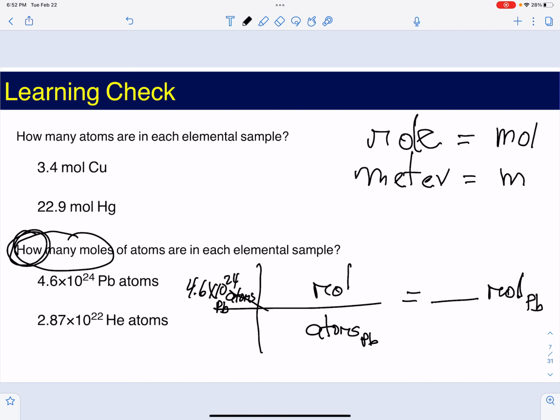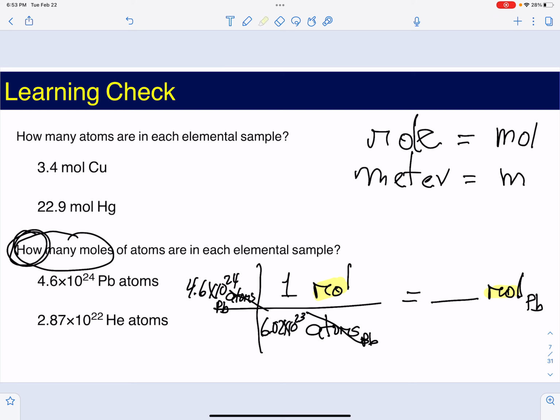And once more, where have I ever seen something that relates moles to the numbers of something? Avogadro's number, which is 1 mole, 6.02 times 10 to the 23rd. So that cancels, so you got your moles. So this is the only unit remaining. That's what you're looking for, so you did it right.